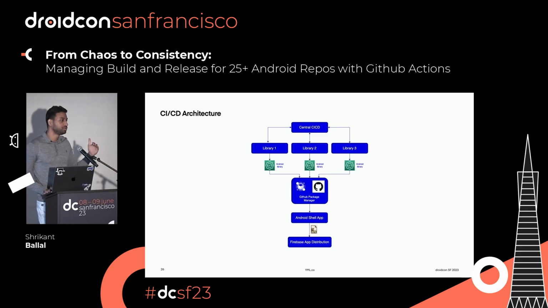We have multiple reusable files like pull request, main branch, release branches, publish the library, etc. Once these libraries build, they'll produce an AAR file. That AAR file will be published to GitHub Package Manager.